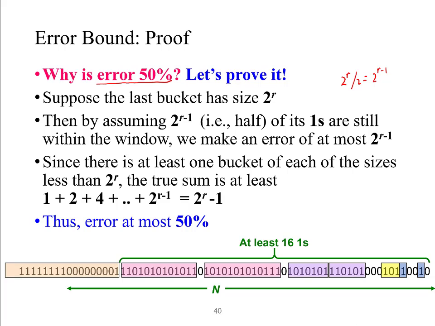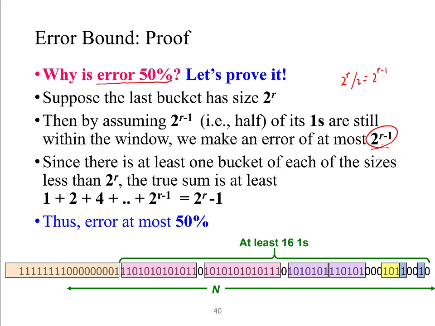Because the extreme case would be there is only one within the window, or there are 2 to the power of r minus 1 in the window. In either case, the error is at most 2 to the power of r minus 1.